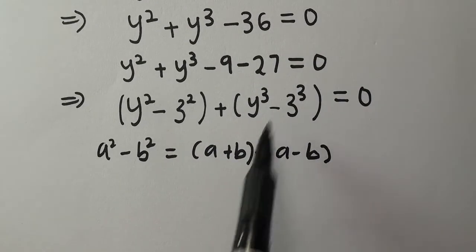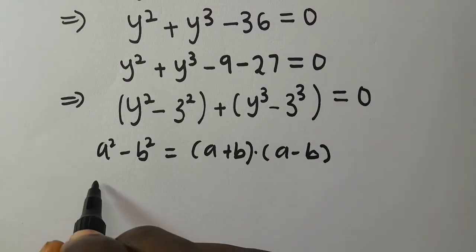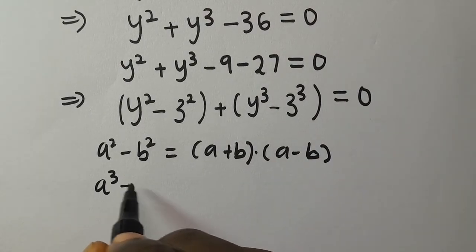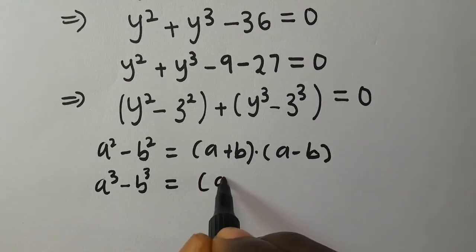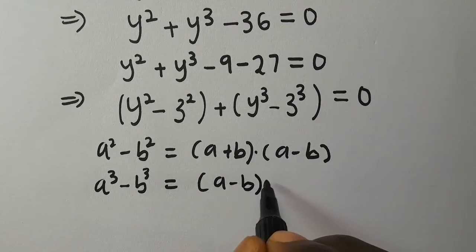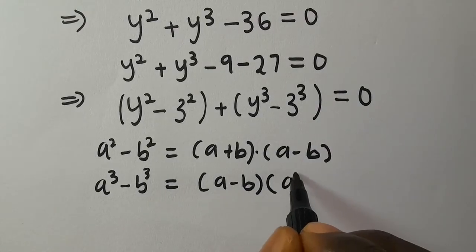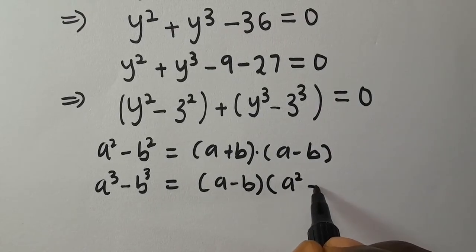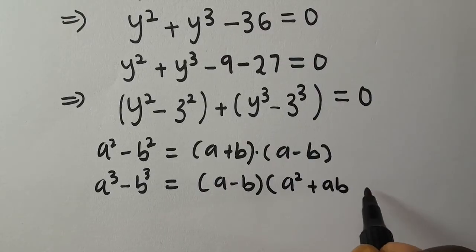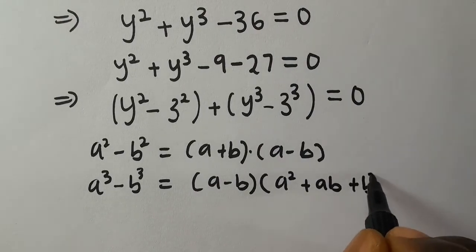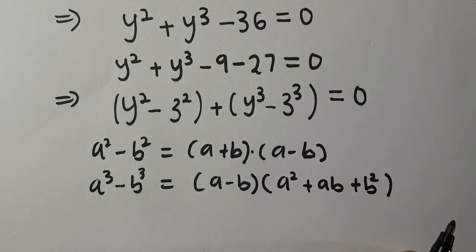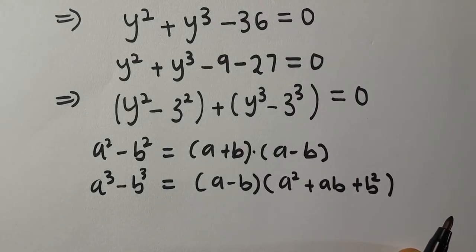And likewise for this, when you have a to the power of 3 minus b to the power of 3, it equals a minus b, then into brackets a squared plus ab plus b squared. So this is very simple.